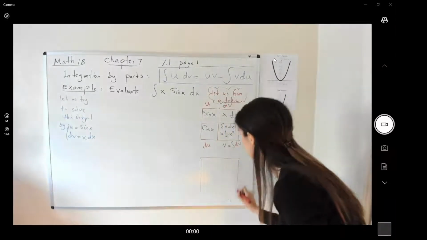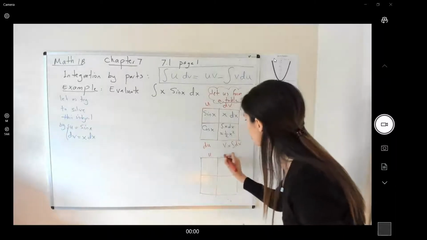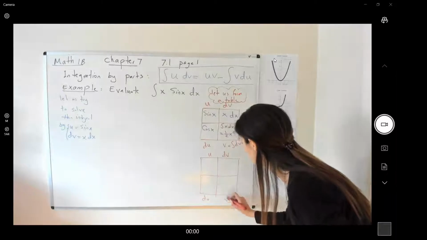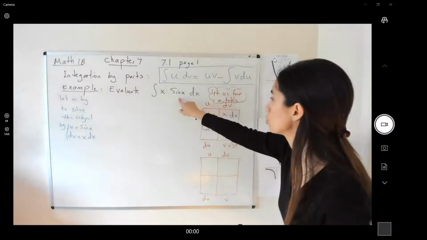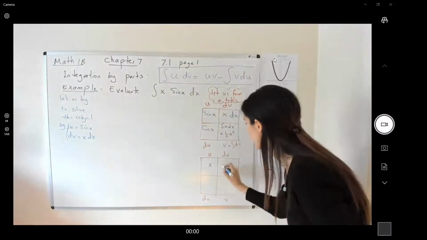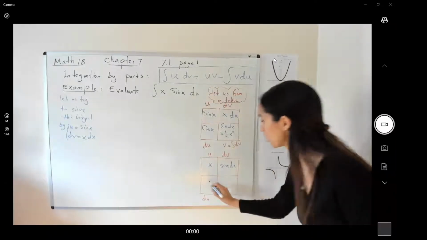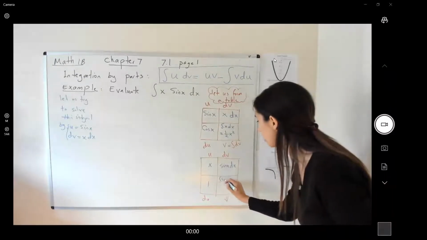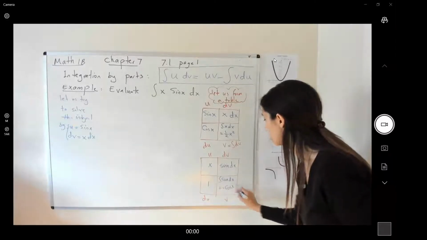Let me write down the second table for you. The second choice for u, dv, and du. So now suppose your u is x and your dv is sine x dx. Then du, the derivative of x, is just 1, and the integral of sine x dx is minus cosine x.